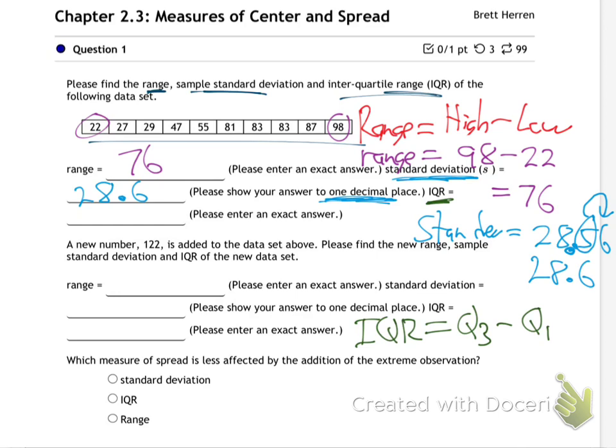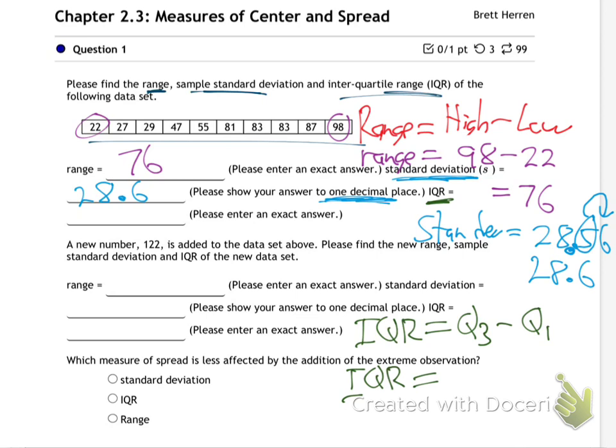Now, where are those? They're on your calculator as well. If you still have the S sub x screen, just go down. Oh, I messed mine up, I'll have to do it again. Just go down, and you'll find Q3.